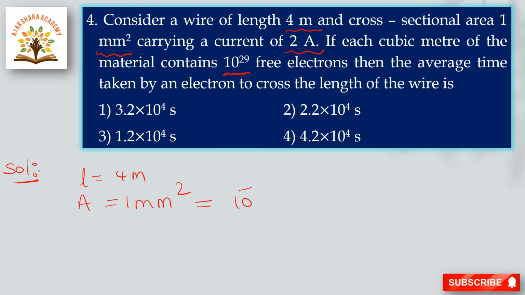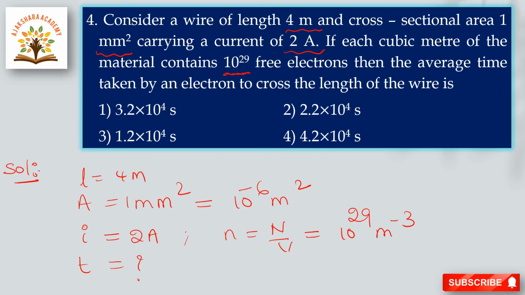Converting into meters, 10 to the power of minus 6 meter square, and current I they given as 2 amperes. n is equal to N by V, that is equal to number of electrons they given as 10 to the power of 29 meter to the power of minus 3, and time taken we have to calculate. t is equal to L by v_d. Now this drift velocity is equal to I by nEA.